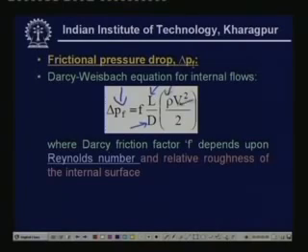So if you know the density, velocity, length, diameter, and this factor, then you can find out the frictional pressure drops. Now what is this factor f?